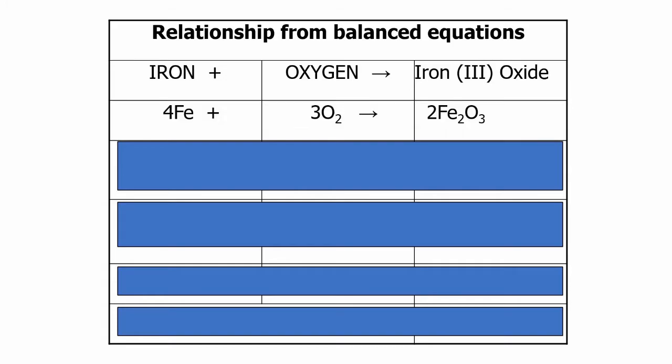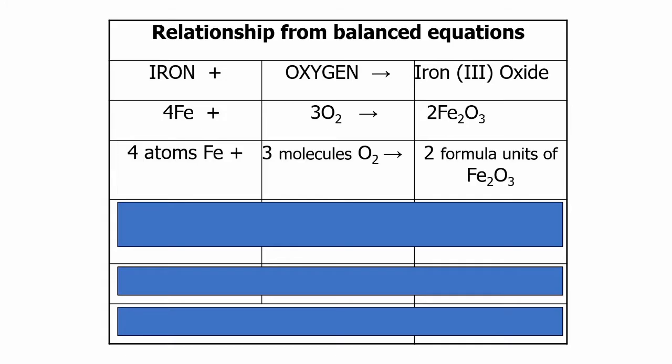If we look at the skeleton equation, we will have 4 iron reacting with 3 oxygen, producing 2 iron oxide. So that is also a balanced equation. Same as saying that 4 atoms of iron will react with 3 molecules of oxygen and will produce 2 formula units of iron oxide.